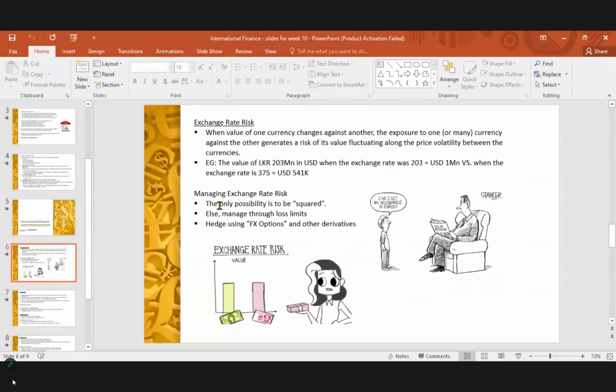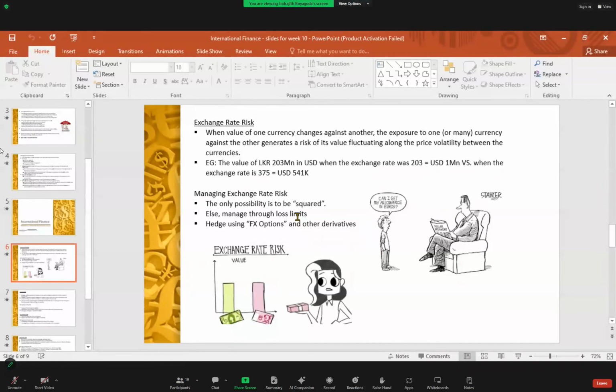So this is what I'm saying here. The only possibility is to be squared, or else you have certain limits that you establish. And those are tolerable limits. 8 million rupees is a tolerable limit that my institution can absorb. Right?